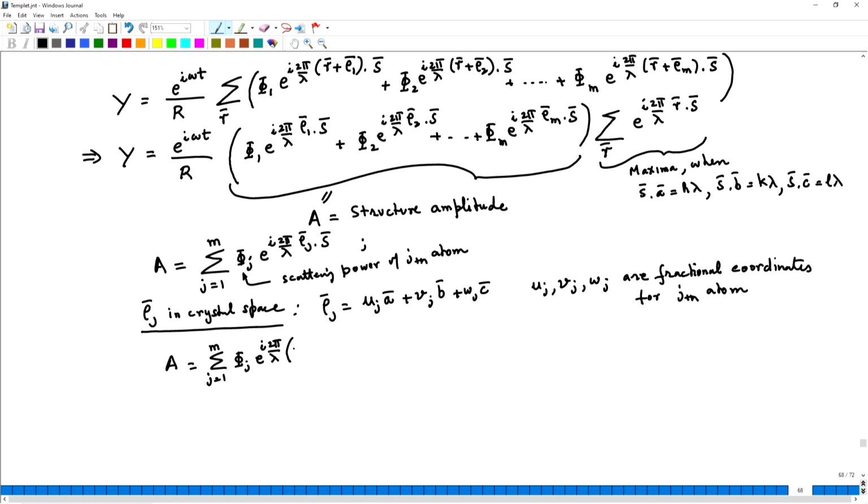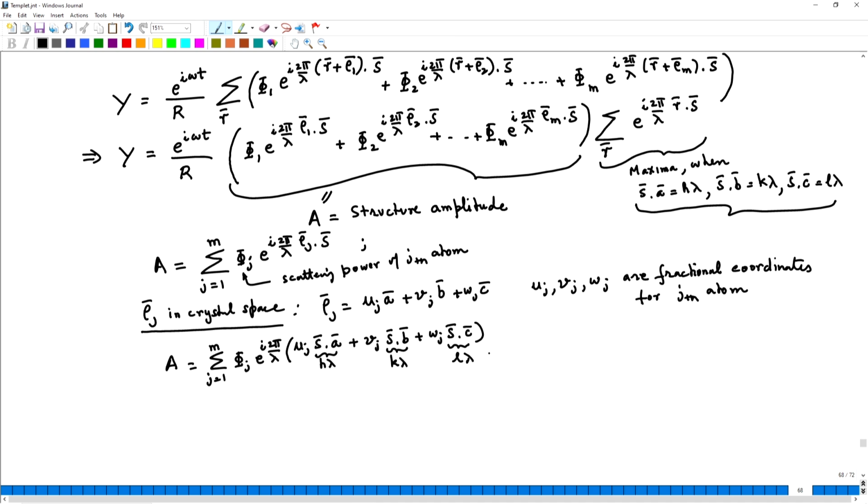So, it can be written as uj s dot a plus vj s dot b plus wj s dot c. But now we are analyzing the structure amplitude when the Laue conditions are satisfied. So, s dot a is h lambda, s dot b is k lambda, and s dot c is l lambda.